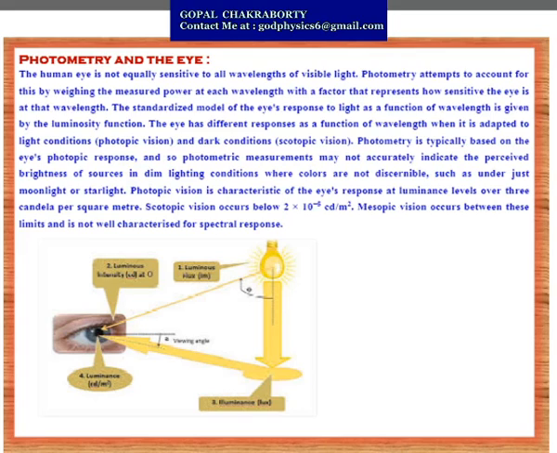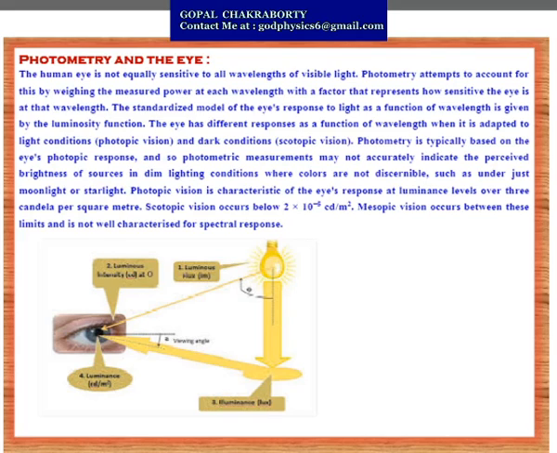The eye has different responses as a function of wavelength when it is adapted to light conditions, that is photopic vision, and dark conditions, that is scotopic vision.